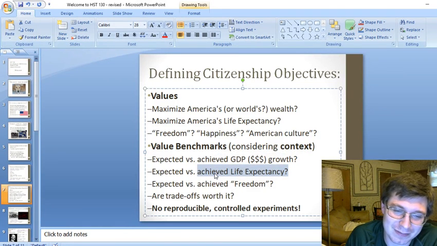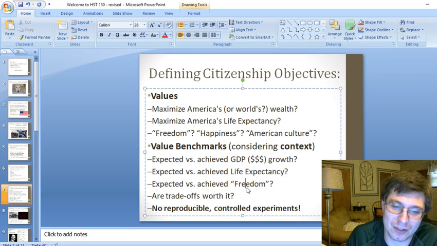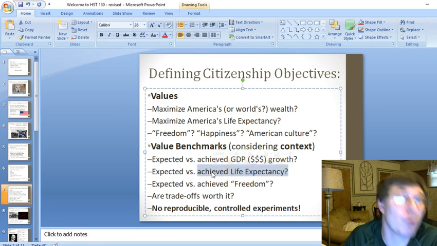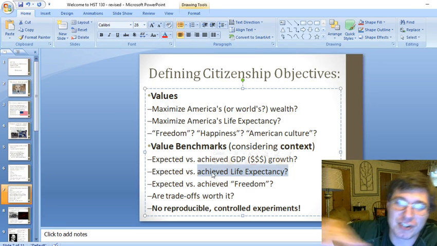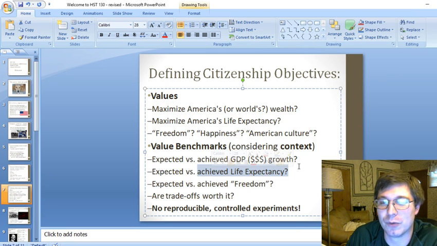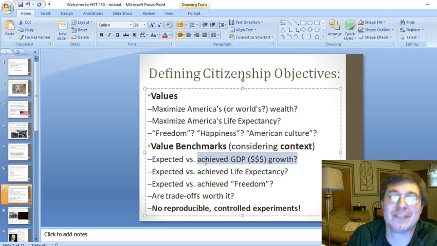But then again, let's ask, what are we comparing that to? If someone else had been president and had made different decisions, would fewer people have died, or would even more people have died? What's the benchmark for comparison? Would we have had more economic growth or even less economic growth?